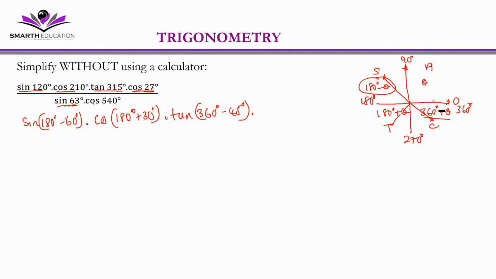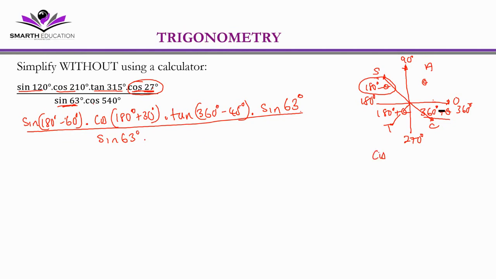Or you can say sine 63 degrees is equivalent to cos 27 degrees. So let's change this one. So it's sine 63 degrees over sine 63 degrees, and then cos 540.